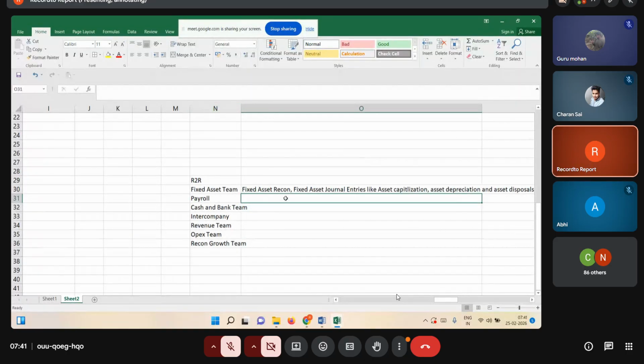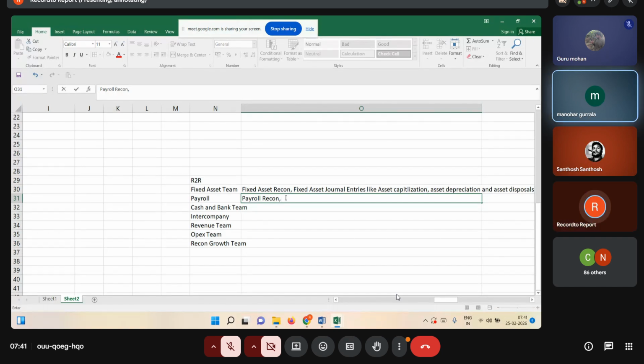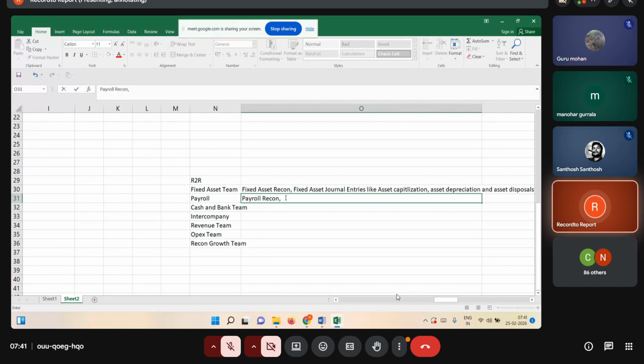Okay. If you get a chance to work on payroll, what is meant by payroll, guys? In general terms, payroll is nothing but salaries and employee related benefits.